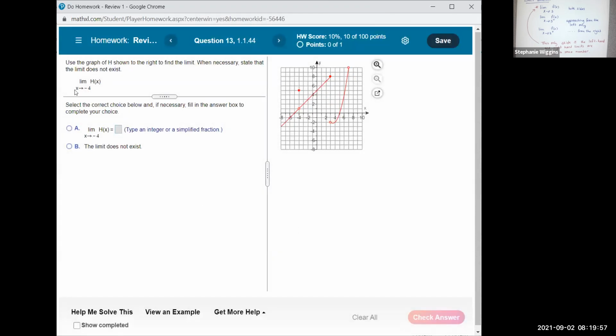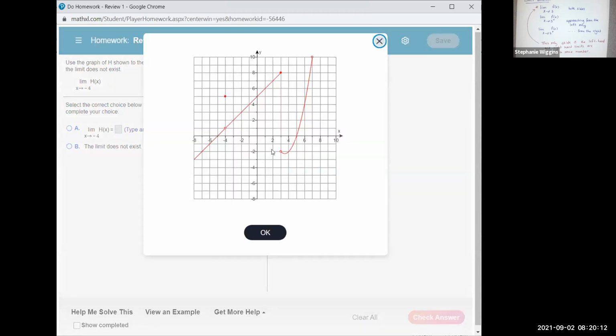Use the graph. Now x is approaching -4. There is no sign after the -4. So that means we want to make sure the left and right agree and meet at the same spot. And so we're looking at -4 on the x-axis. It's right here. And again, as I draw a vertical line, there's a hole there, but for limits, that's okay.